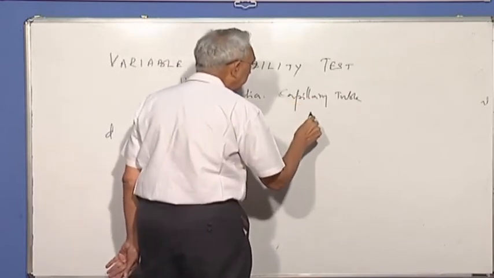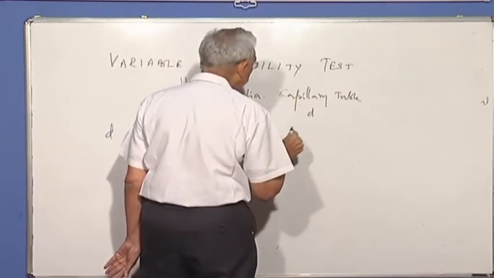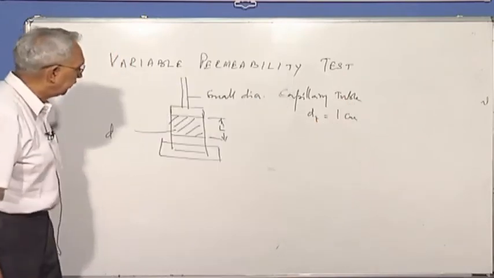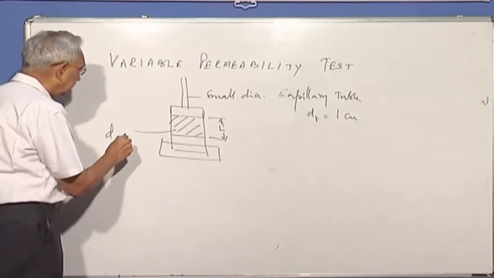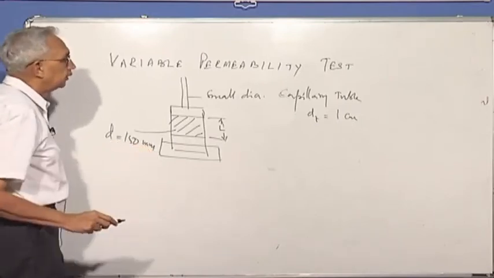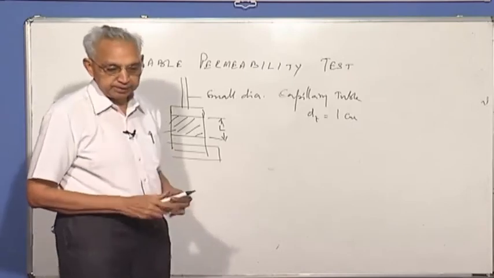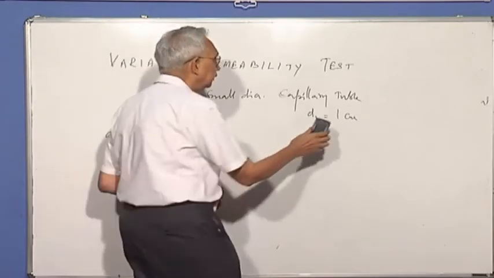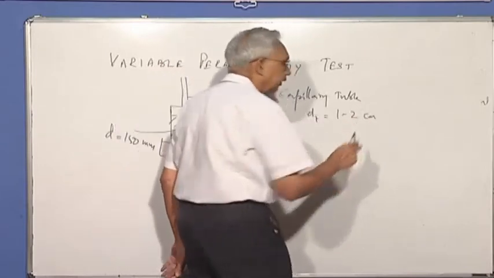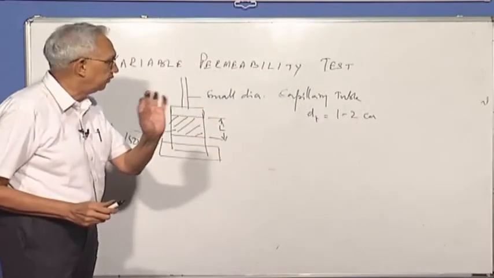Let's say diameter of the tube is something like 1 centimeter. Please remember, this is of the order of 150 millimeters. This could be maybe 1-2 centimeters. It's like a standpipe, whatever size you can think of, a very small one.